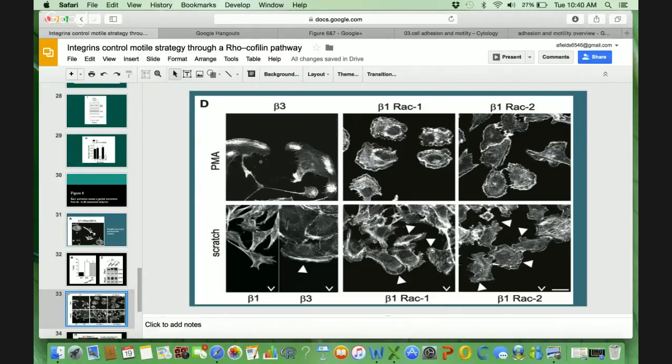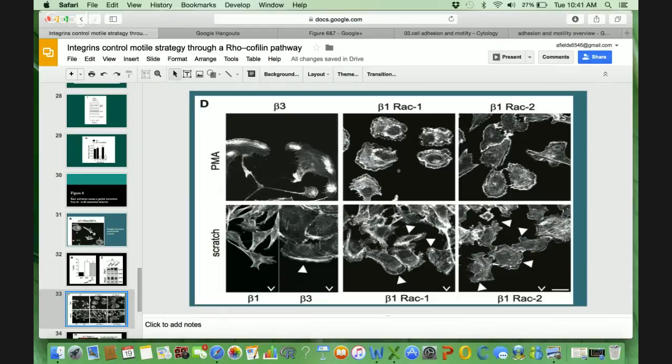And the Rac mutants failed to polarize, and as they migrate, you see they move very erratically, and in the sparse cultures, they stated that there was little movement observed.